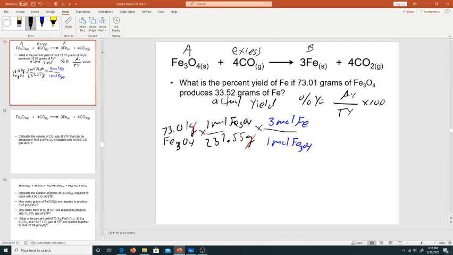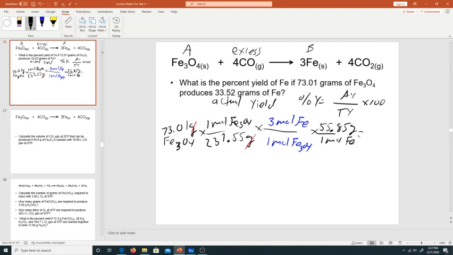And now we'll convert that into grams. 1 mole of Fe is 55.85 grams of Fe. And we'll round that to 4 significant figures.